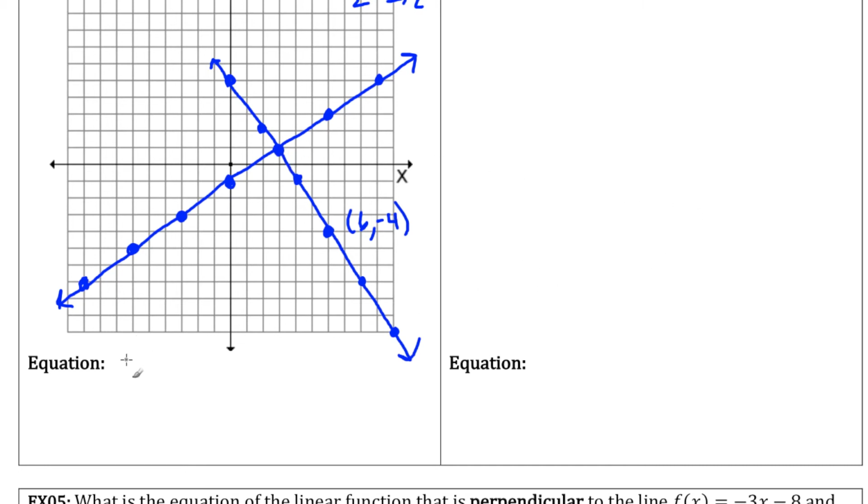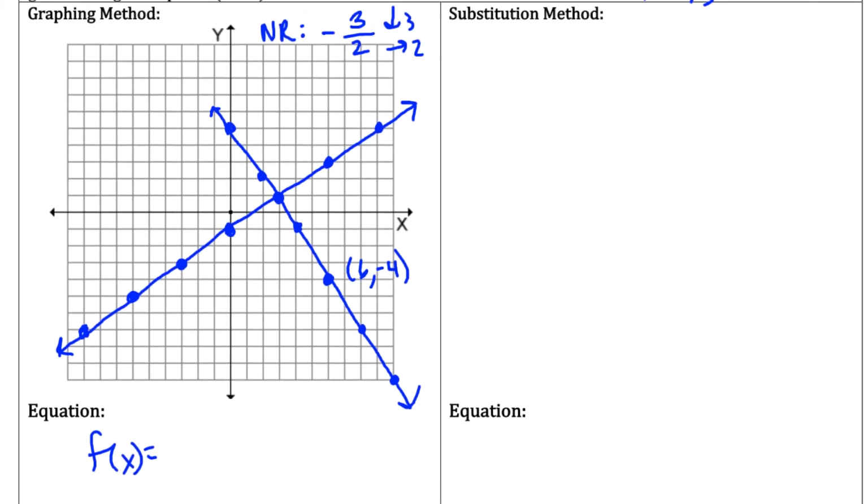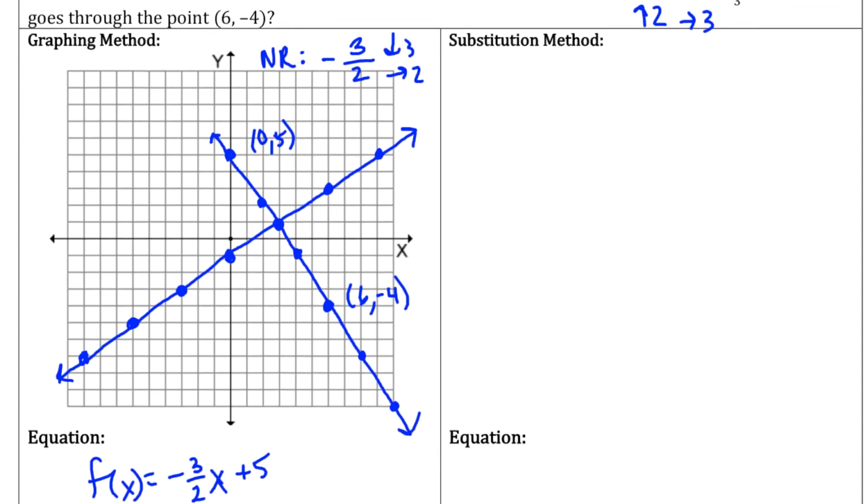But our equation will be f of x equals, remember, the negative reciprocal of 2 over 3 is negative 3 over 2. And then our y-intercept is 1, 2, 3, 4, 5, so plus 5.